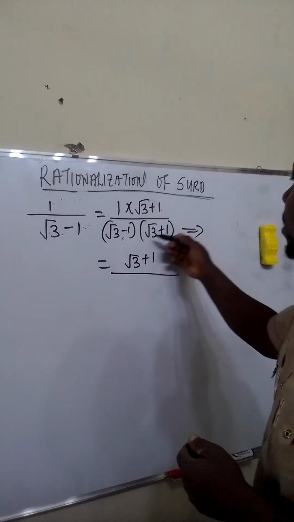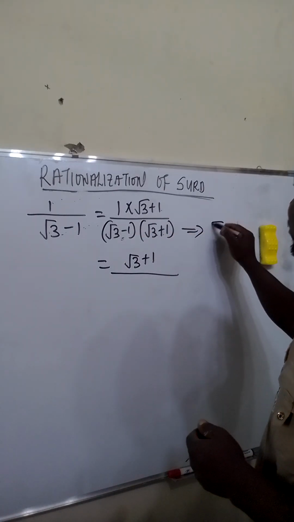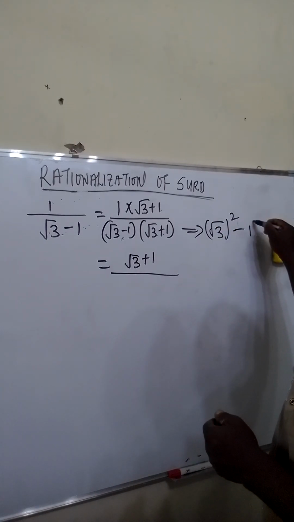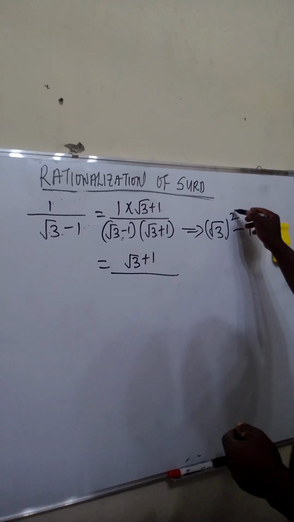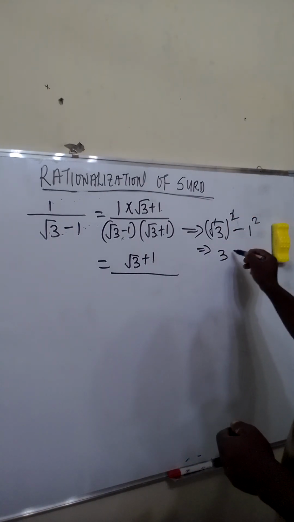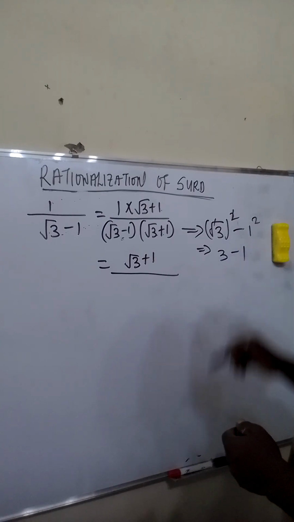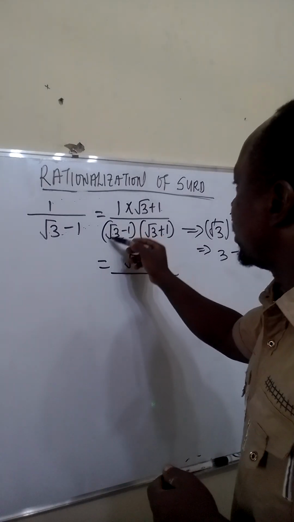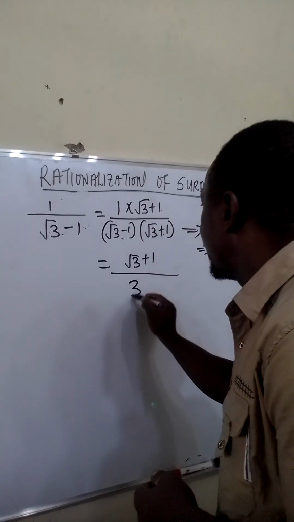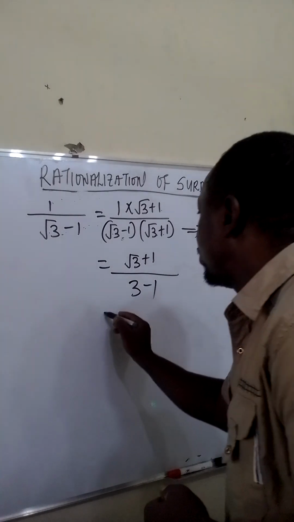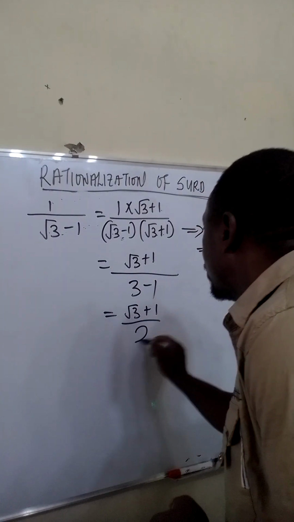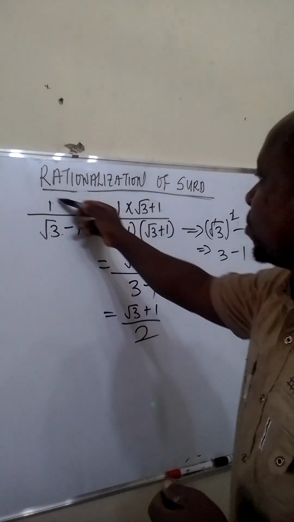If we apply difference of two squares, this will be the same thing as root 3 squared minus 1 squared. So the square and the root cancel. We'll be left with 3 minus 1 squared. 1 squared is 1. So root 3 minus 1 times root 3 plus 1 is the same thing as 3 minus 1. This will be the same thing as root 3 plus 1 over 2. We have rationalized this fraction.